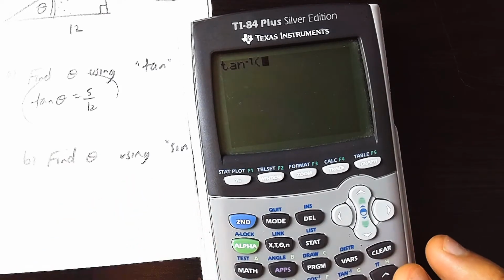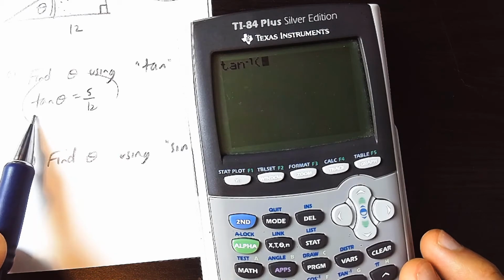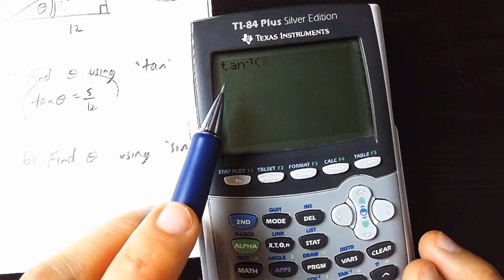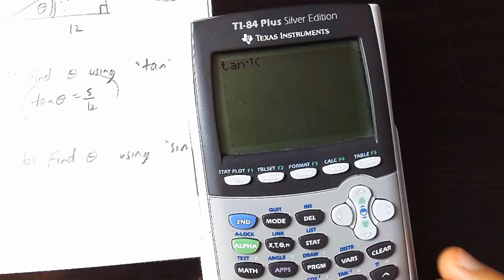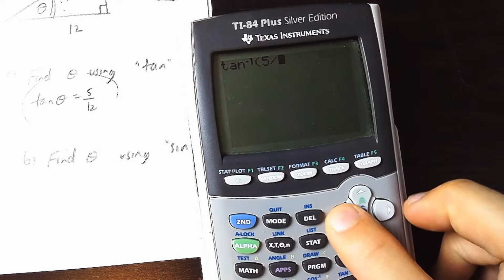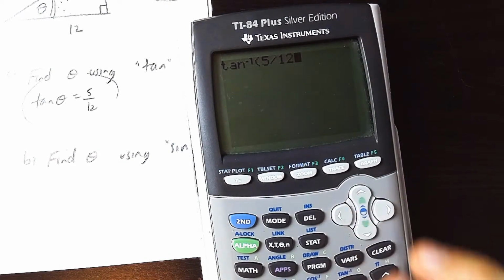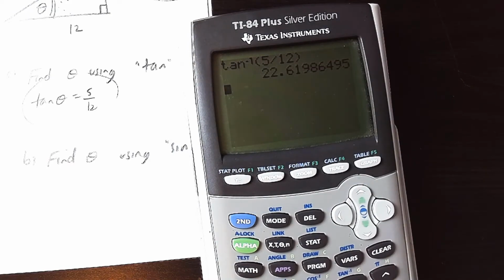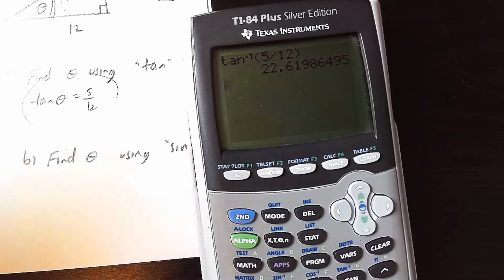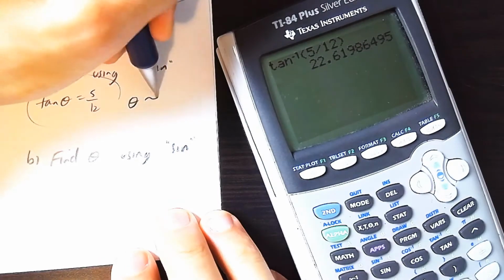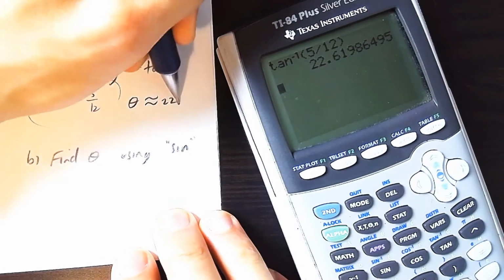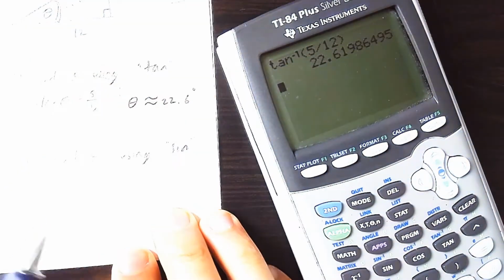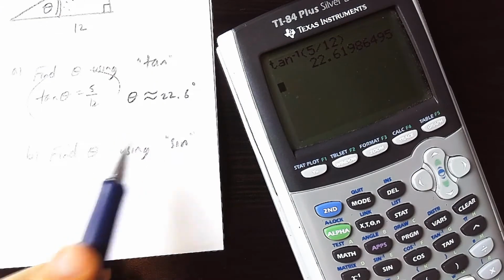The corresponding inverse function for tan is called tan inverse or arctan. So tan inverse of 5 divided by 12 is about 22.6 degrees. Theta is approximately 22.6 degrees. The squiggly equal sign means approximately.